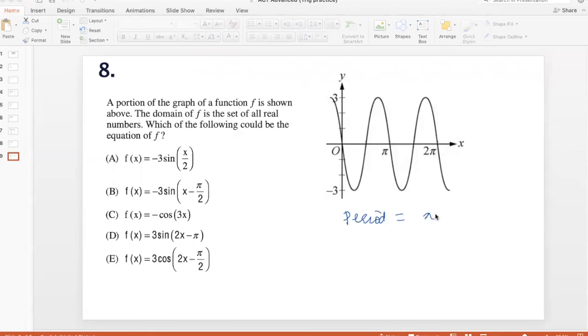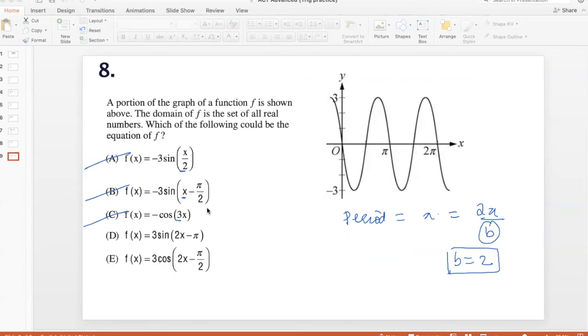So if the period is pi, and since pi is equal to 2 pi over b, where b is the coefficient of x, b needs to be 2. So the coefficient of x needs to be 2, which means that I can directly eliminate the first three options, because here the coefficient of x is 1/2, here it is 1, and here it is 3. So it can't be any of these.